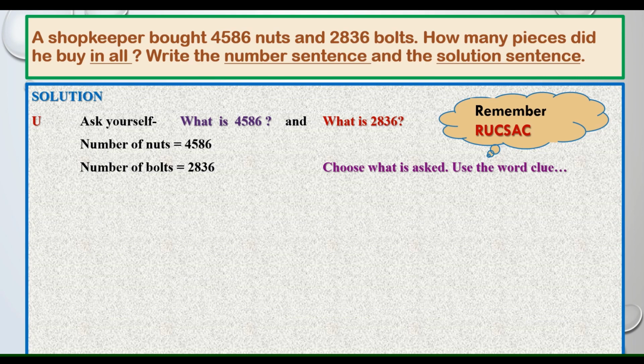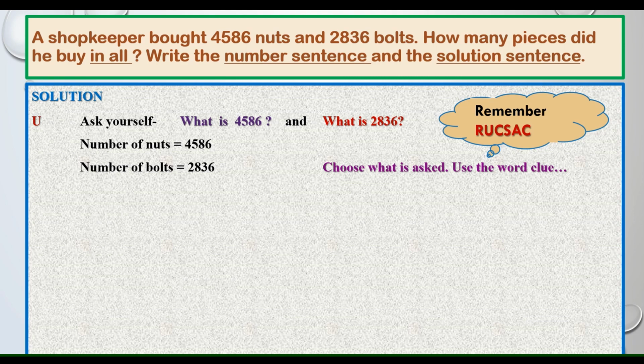So to choose the operation, again, if you don't understand from the word problem, you can look for a word clue. So here the word clue is pieces. In the question, there were nuts and bolts, but here it is asked, how many pieces did he buy in all?